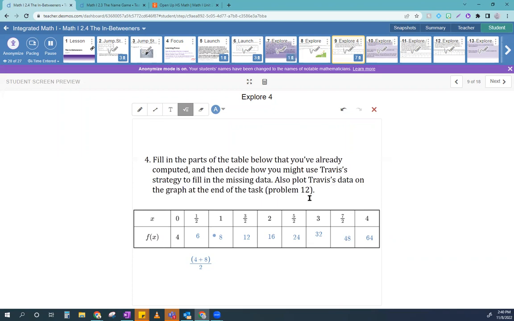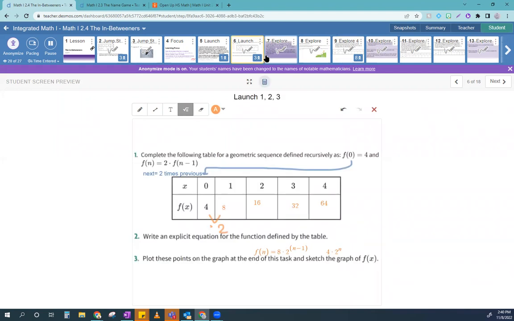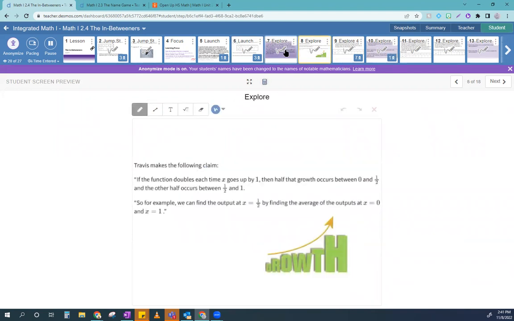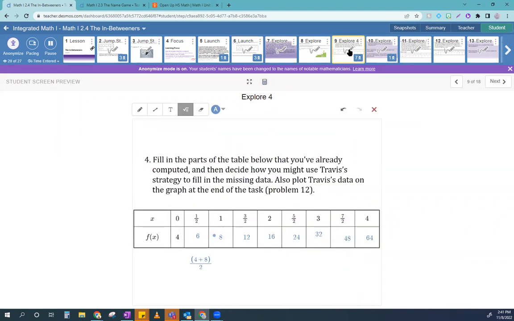So now plot it also on the same task for problem 12. So I'm going to keep going back to this one. So someone help me remember these numbers. So just plot. Let me just take a picture of this. How about that?